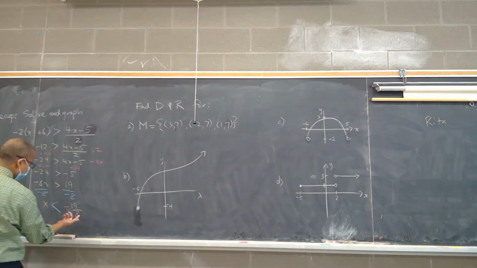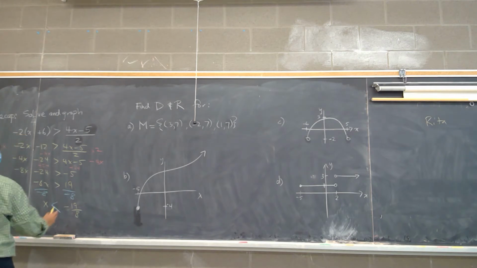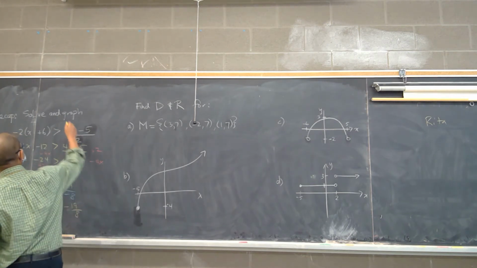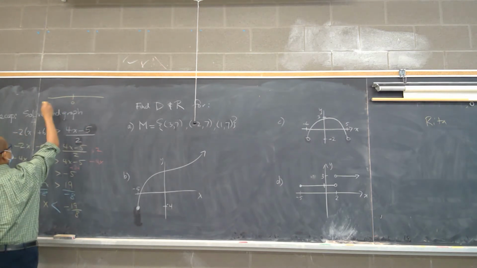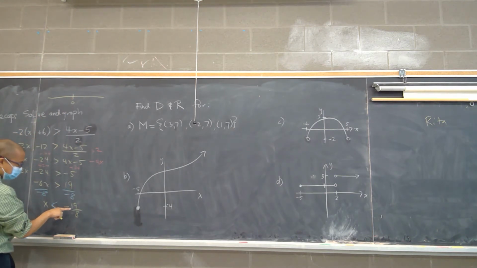What is this number? Well, this number on a number line, we'll do the answer above here if that's okay. I think that's, what is that? 8 goes into 19 twice, so negative 2 and something.